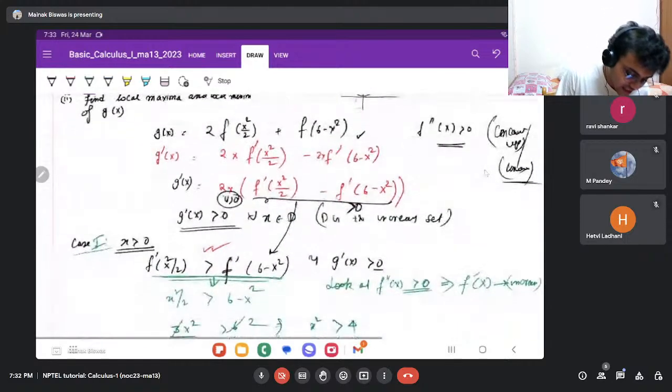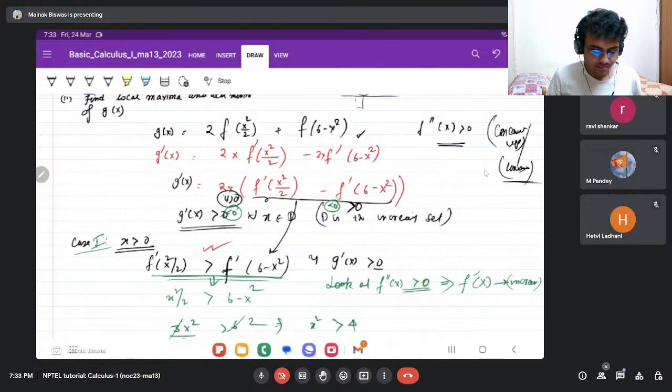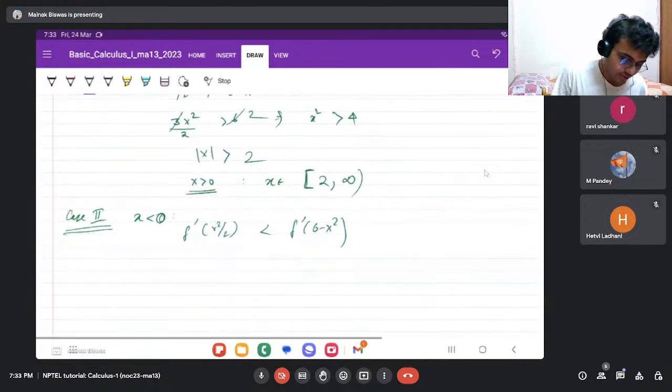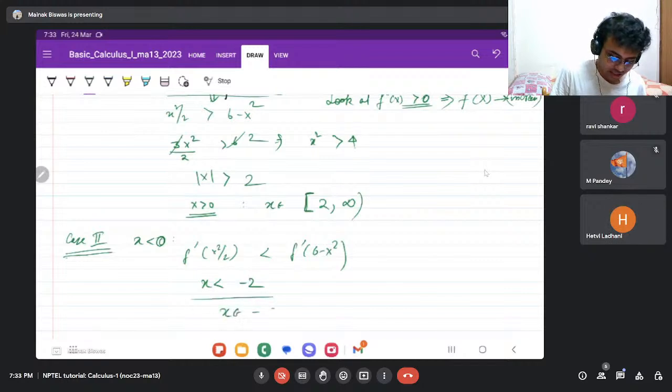If this is less than 0, this also has to be less than 0 for g dash x to be positive. Agreed? So this will give me x less than minus 2.